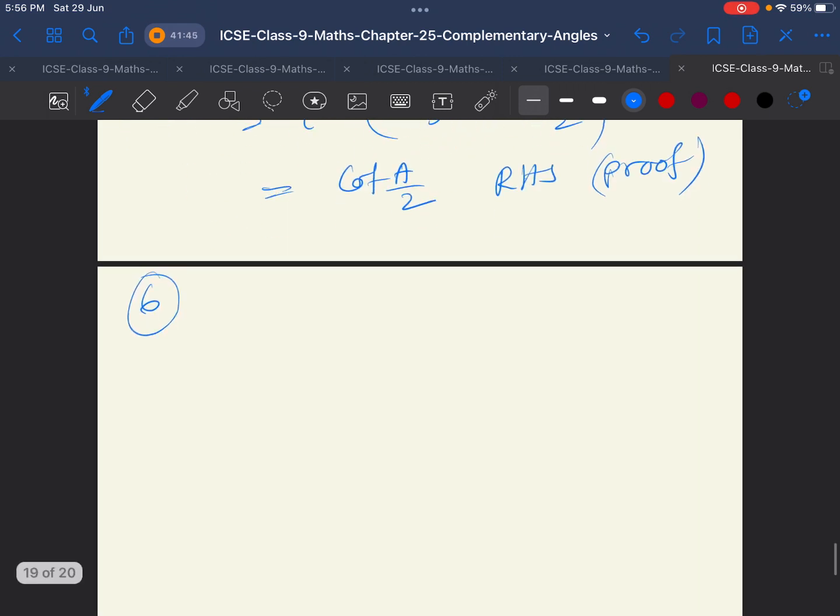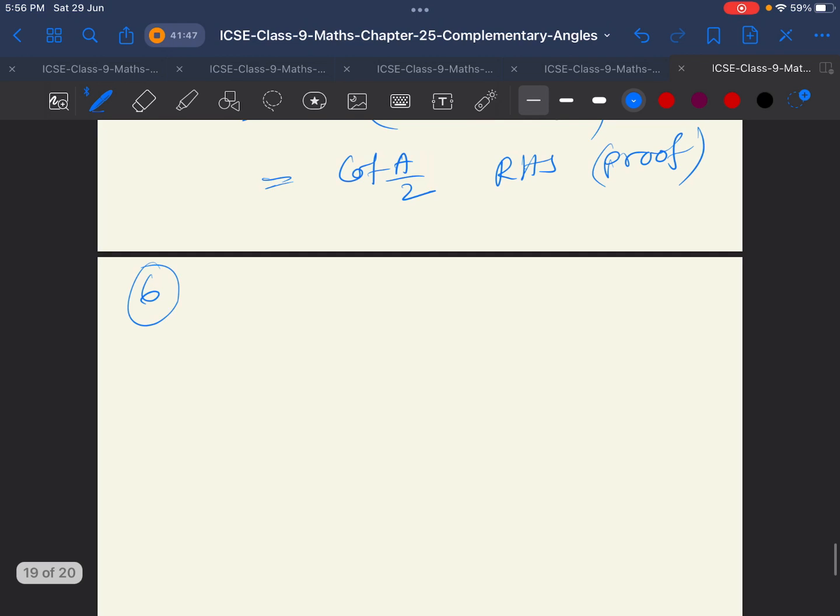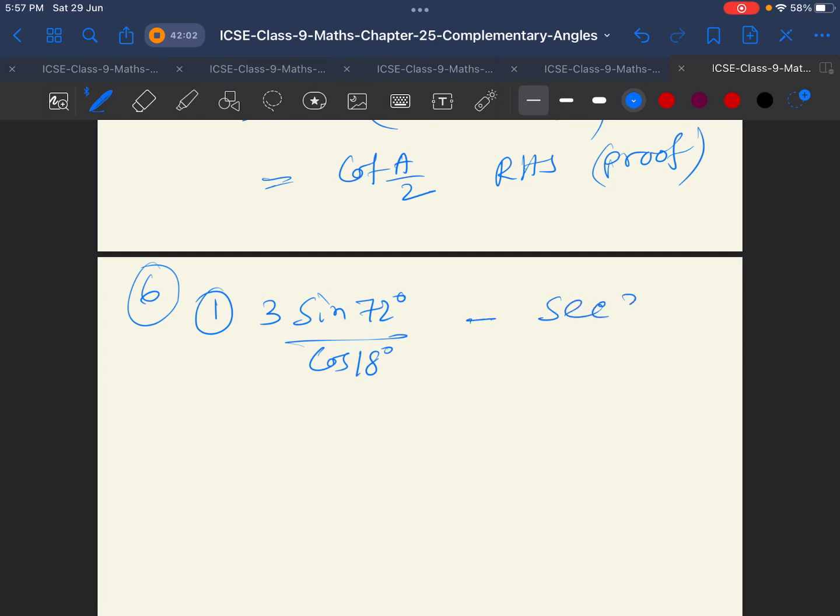Now question number 6, evaluate this term: sine of 72 degree by cos of 18 degree minus sec of 32 degree by cosec of 58 degree.